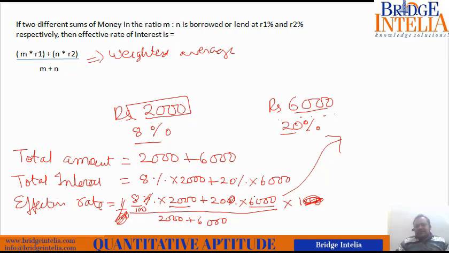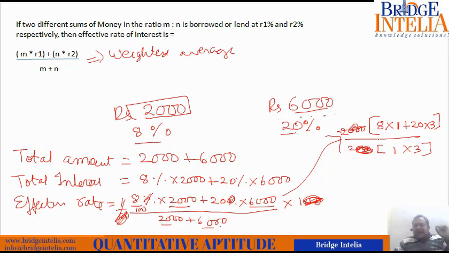If you take the common value 2000 out, this will become 2000 into 8 into 1 plus 20 into 3. Similarly, 2000 can be taken common in the denominator as well, so 1 into 3. You see this 2000 and 2000 get cancelled. So the answer actually depends on these numbers: 1, 3, 8, 20. So what is 1 and 3?